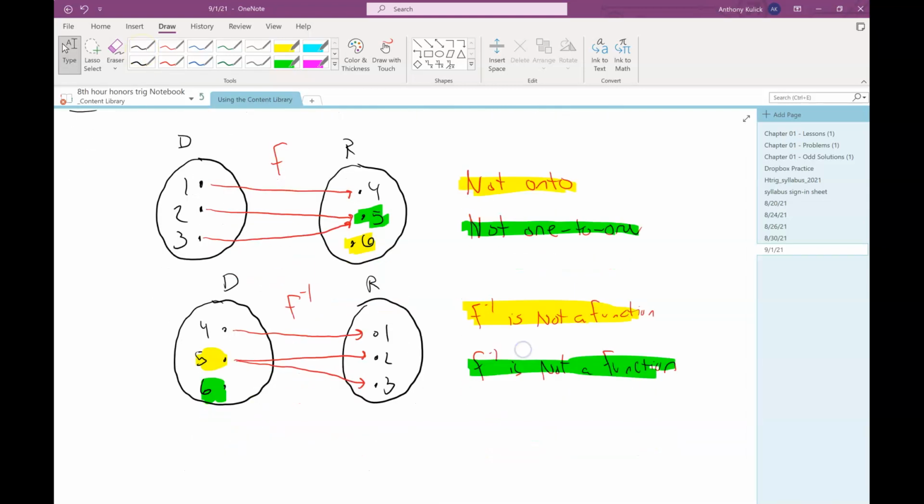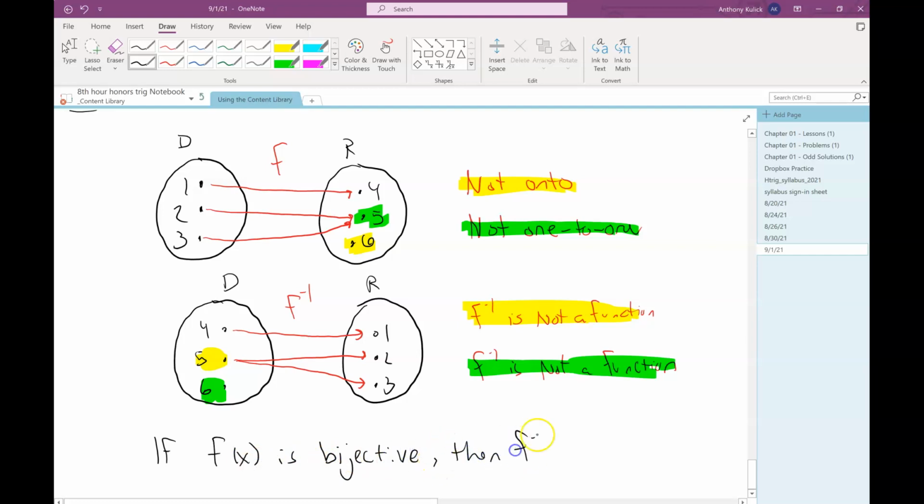So based on this, I can conclude that if f of x is bijective, that it is one-to-one and it is onto, then f inverse is a function.